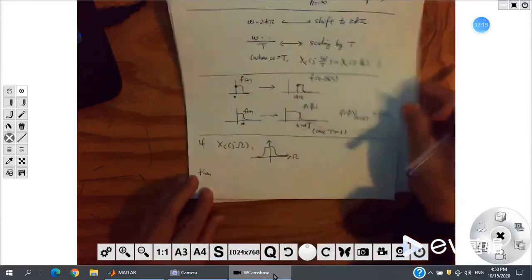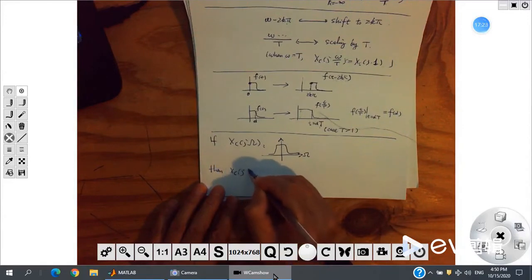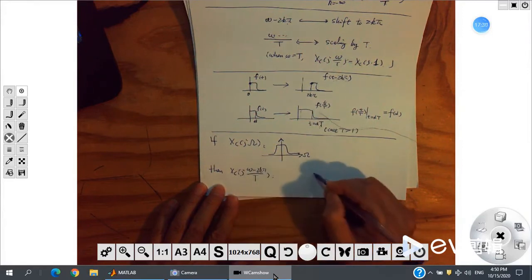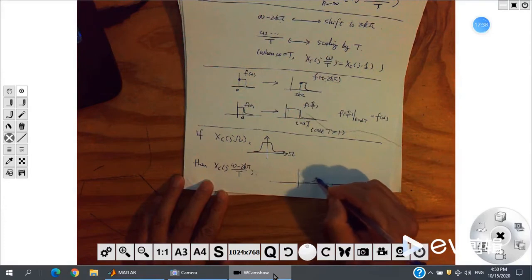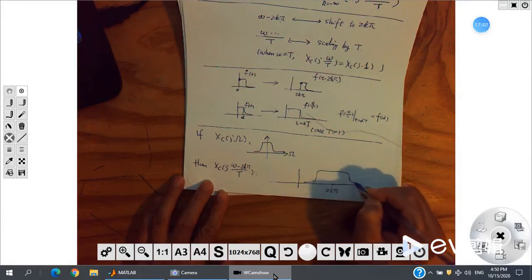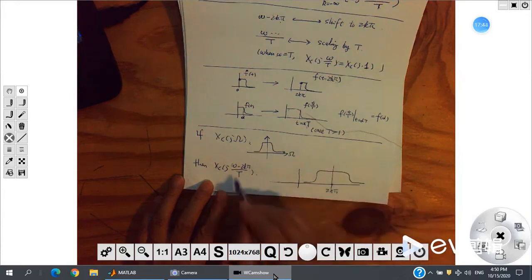That one term is Xc of j times omega minus 2k pi over T. This one will be now shifted to 2k pi. It looks like this. Here's 2k pi. The center now is 2k pi. Here center is 0, right? So it shifted to 2k pi.